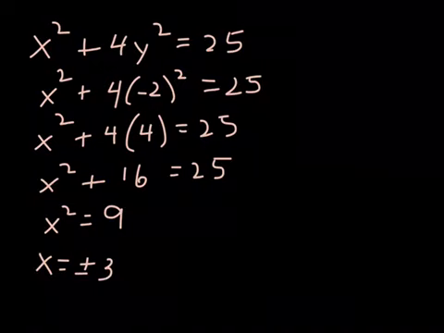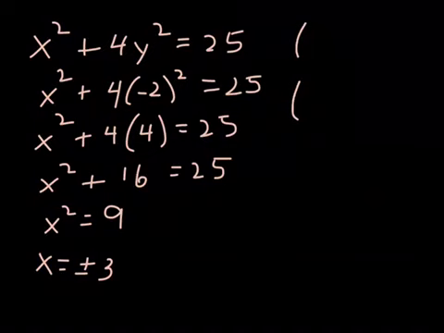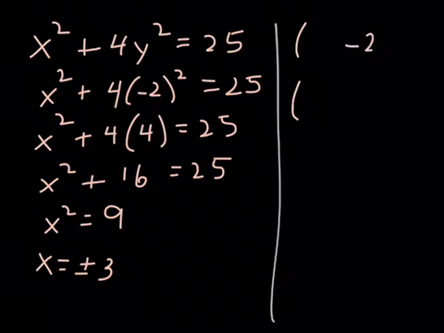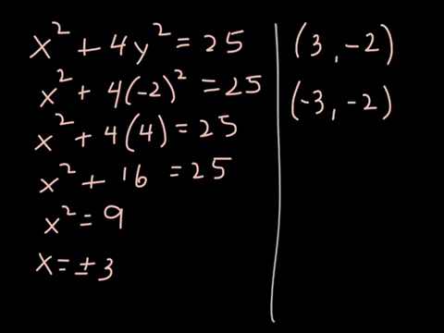The only thing that's different is that you and I plugged in this time around negative 2, didn't we? All right. And when we plugged in negative 2, one x value was 3, the other one was negative 3. So we're done.